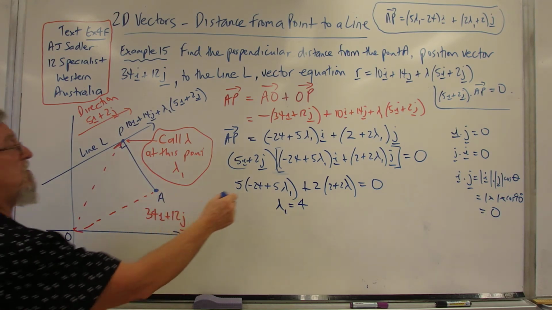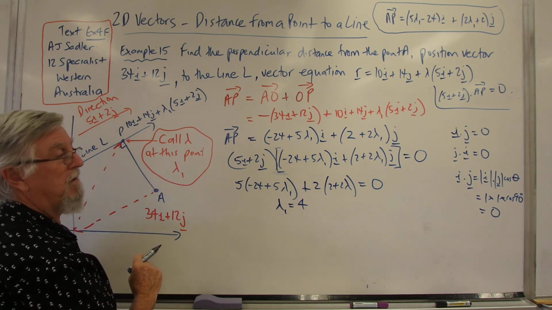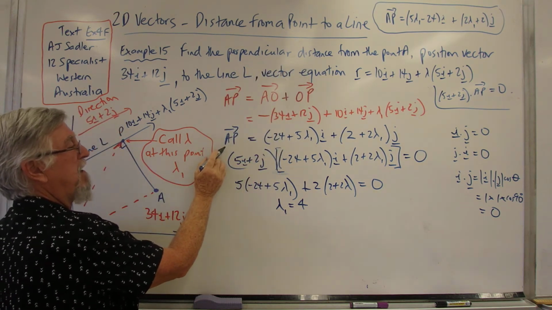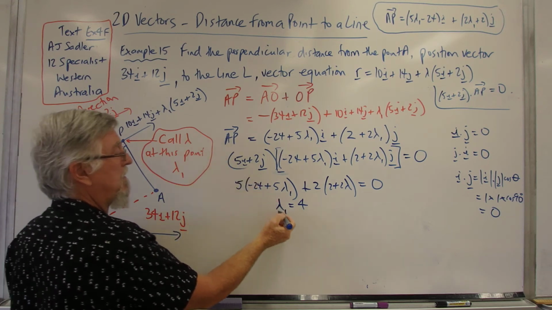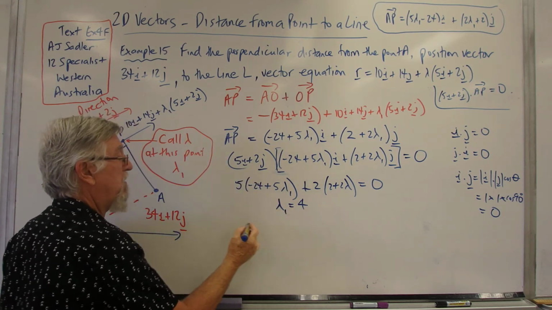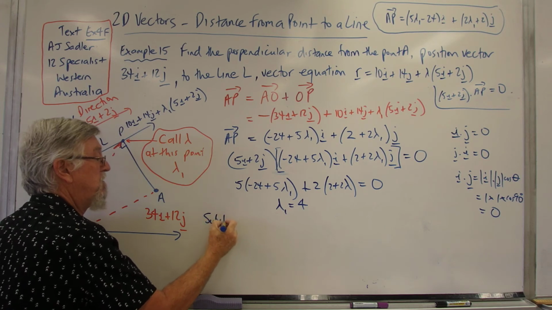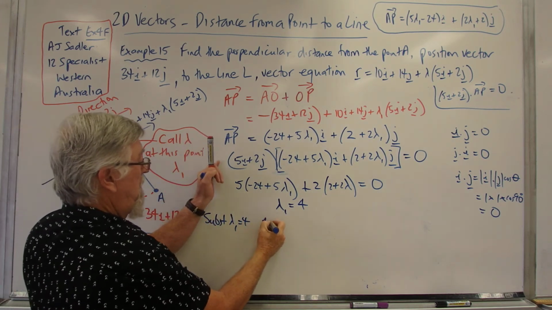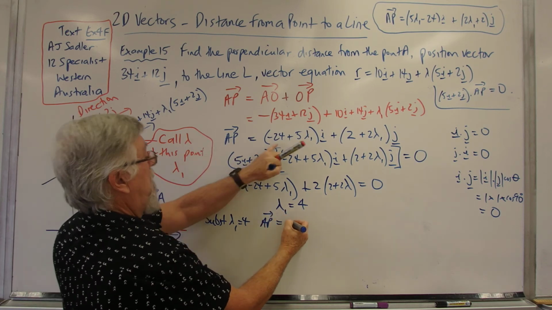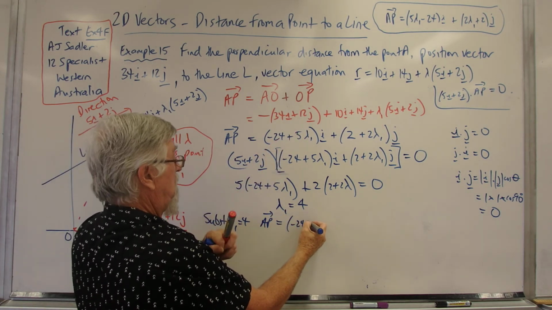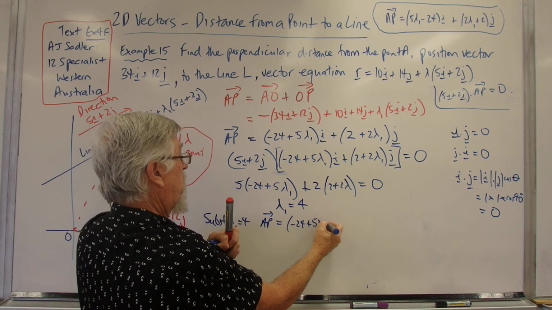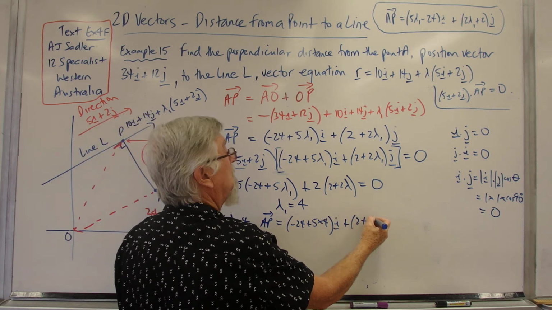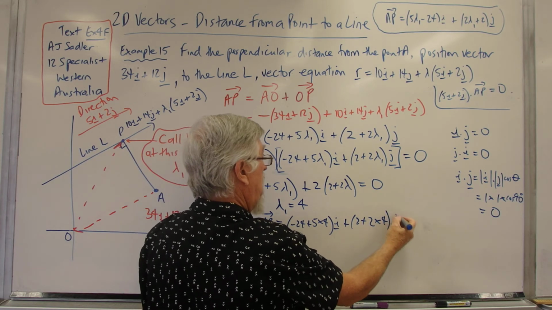Now what does lambda 1 have to do with things? I've got this vector called AP. I've written it up there in case I rub it off. I now know that lambda 1 is 4. So I can go back and substitute, lambda 1 equals 4, and I've got that AP is minus 24 plus 5 times 4 i plus 2 times 4 j.